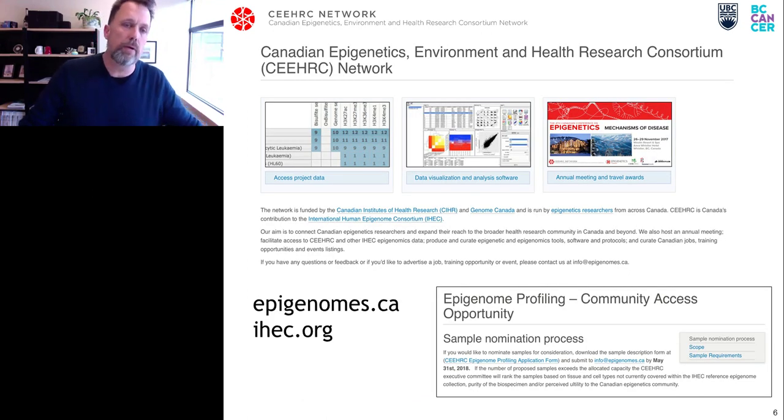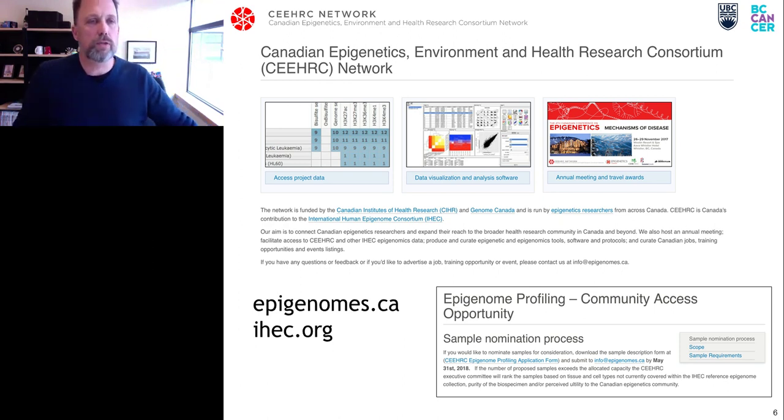So as I mentioned, there are a number of consortia who are working together using technology, again, that's been developed in the last decade to begin to try and generate what we call reference epigenomes, which are meant as a foundational resource, much like the reference human genome, to allow us to begin to understand what the epigenetic patterns are associated with a given cell type, and how these epigenetic patterns change as a consequence of disease.